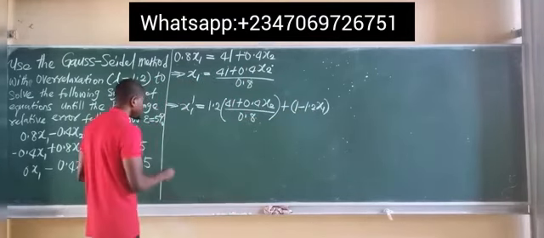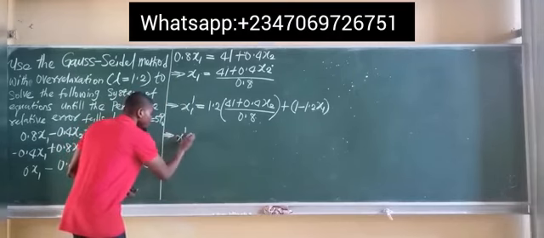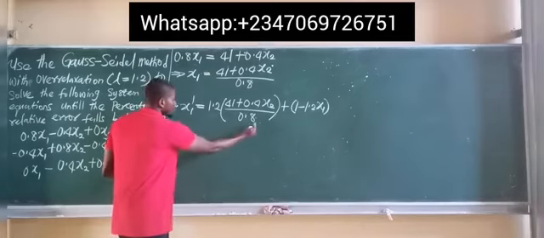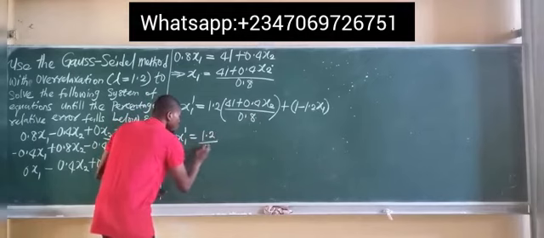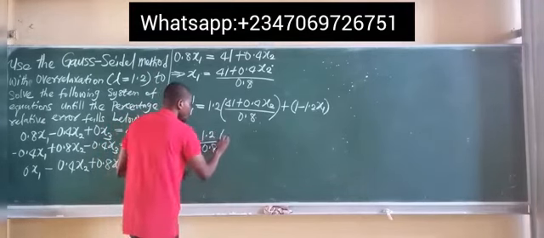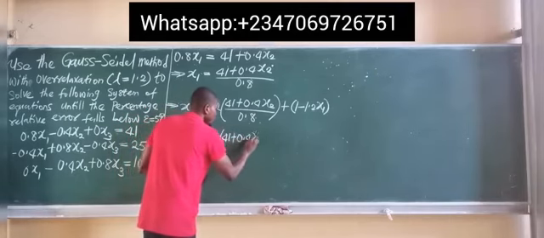So which means the variable we are going to iterate for x1, x1 prime, is now equal to, and you can write this either way, you can put 0.8 here, it's still the same thing. You have 1.2 all over 0.8, which is still the same thing as this, multiplied through by 41 plus 0.4 x2.